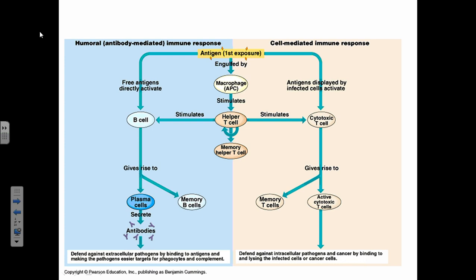What do macrophages display antigens on? MHC2. And they display those antigens mostly to helper T cells. But only helper T cells capable of doing what? Yeah, docking with that antigen. They have to fit. They have little receptors and they have to fit.